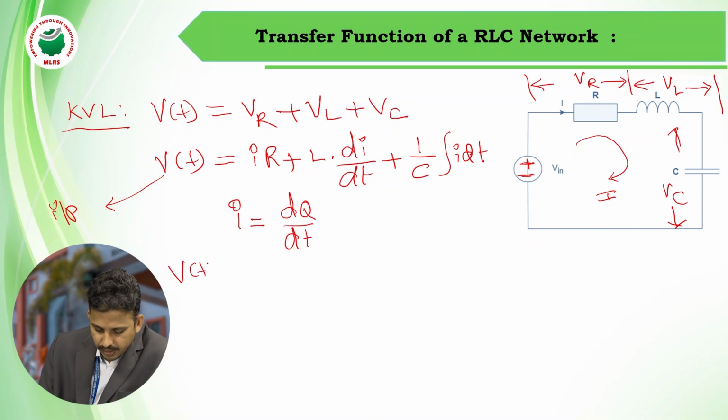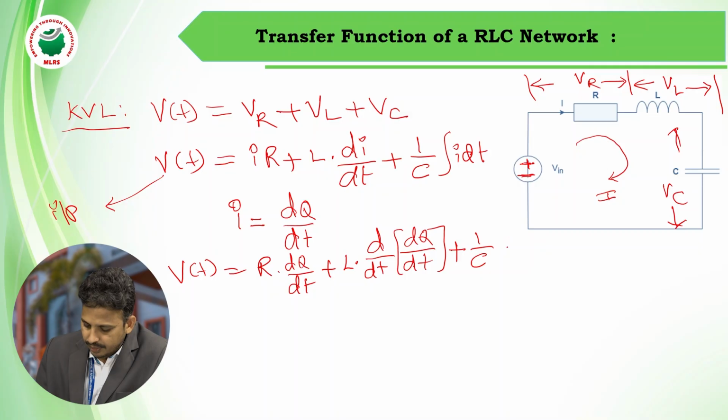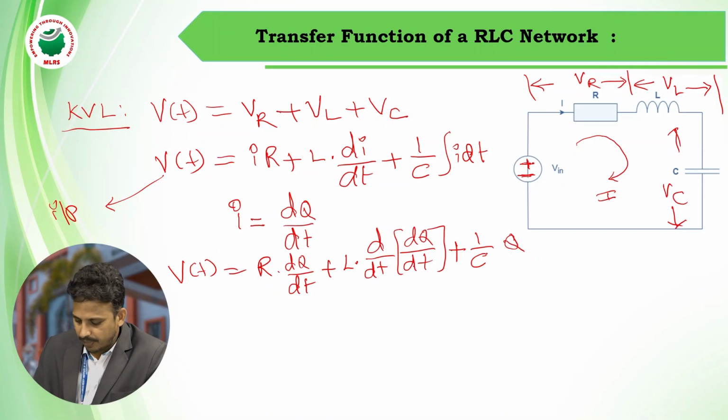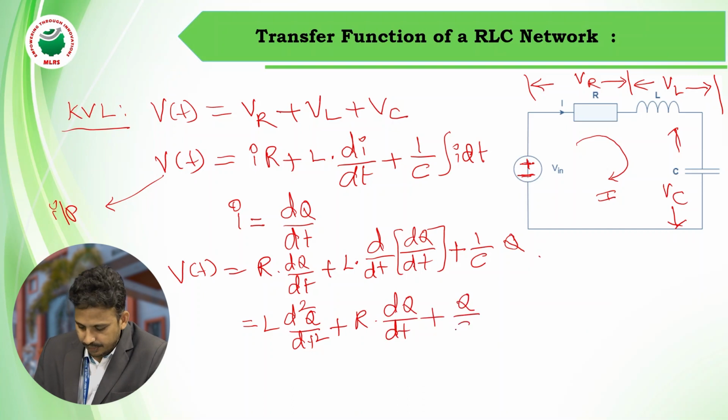Now I am substituting the current value in the above equation: R into dq by dt plus L into d by dt of dq by dt plus 1 by C integral, and the differentiation and integration cancel, giving q into 1 by C. Now L into d square q by dt square plus R into dq by dt plus q by C is equal to V of t.